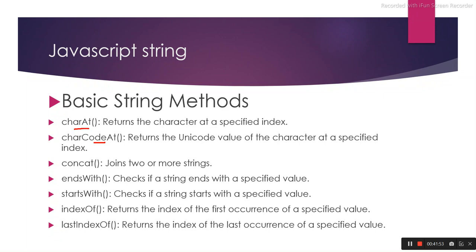For example, if I give two strings s1, s2, it will join the two strings. Then endsWith checks whether the string ends with the specified character or string. Then startsWith checks whether the string starts with the specified character or string. Then indexOf returns the index of the specified character or string, the first appearance of the character. Then lastIndexOf returns the last occurrence of the specified value.